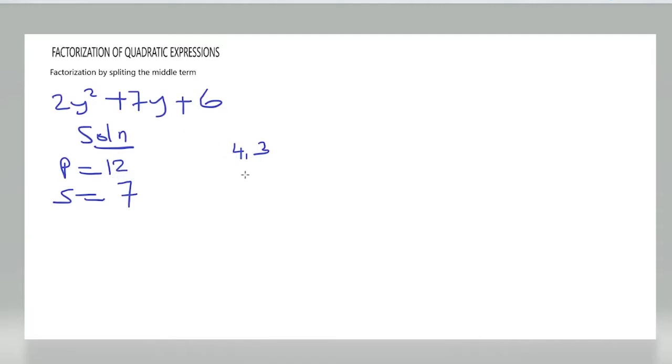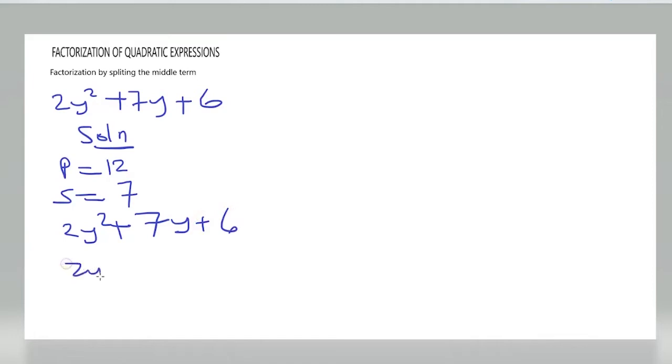So 7y will become 4y and 3y. If you add 4y plus 3y, you get 7y. And when you take 4 times 3, you get 12, which is the product. So this will be equal to 2y squared plus 7y plus 6.